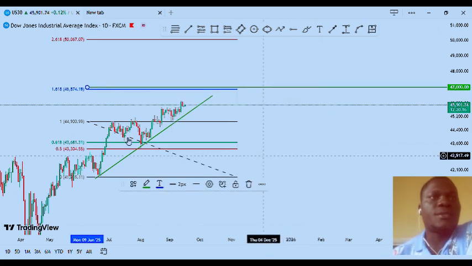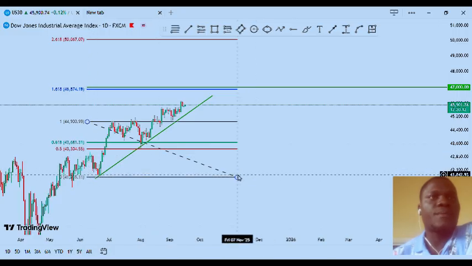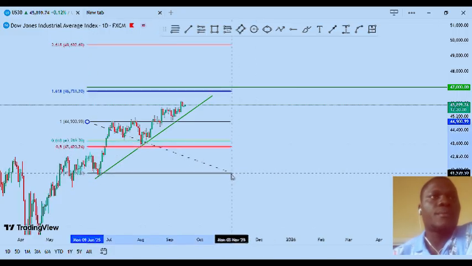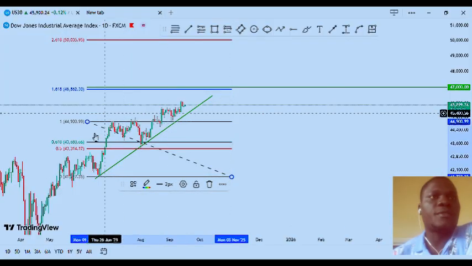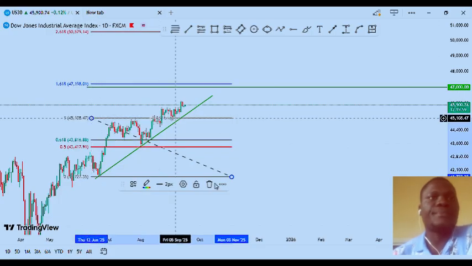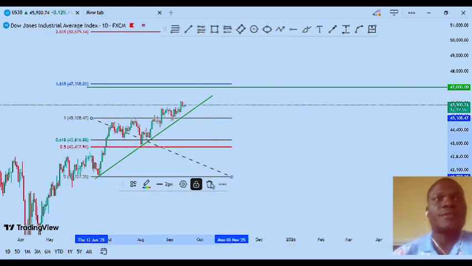The 47,000 extension level is the next profit target for US30. So you are hearing that here first.